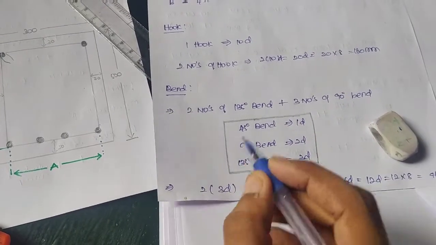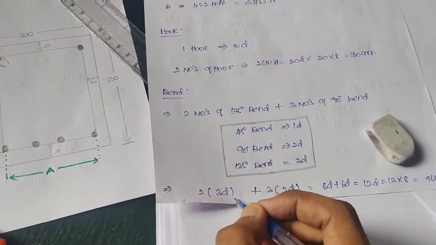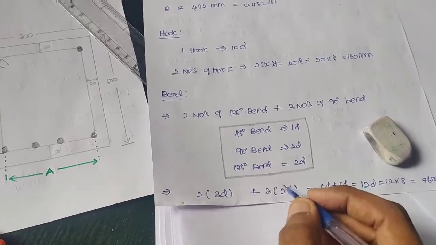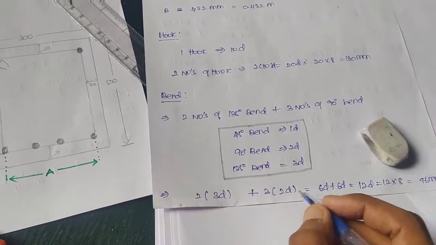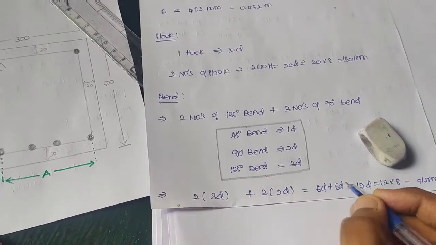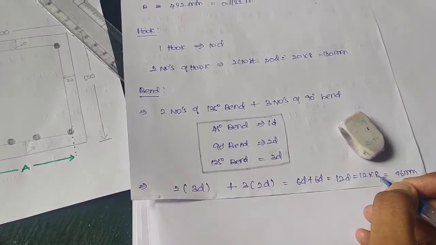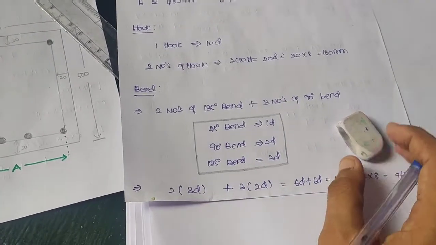So 2 numbers of 135 degree bend is 2 into 3D, which is 6D, plus 3 numbers of 90 degree bend, which is 3 into 2D, which is 6D. So 6D plus 6D is 12D. 12 into the diameter of stirrup, 8 mm, so 96 mm. Bend is also calculated.